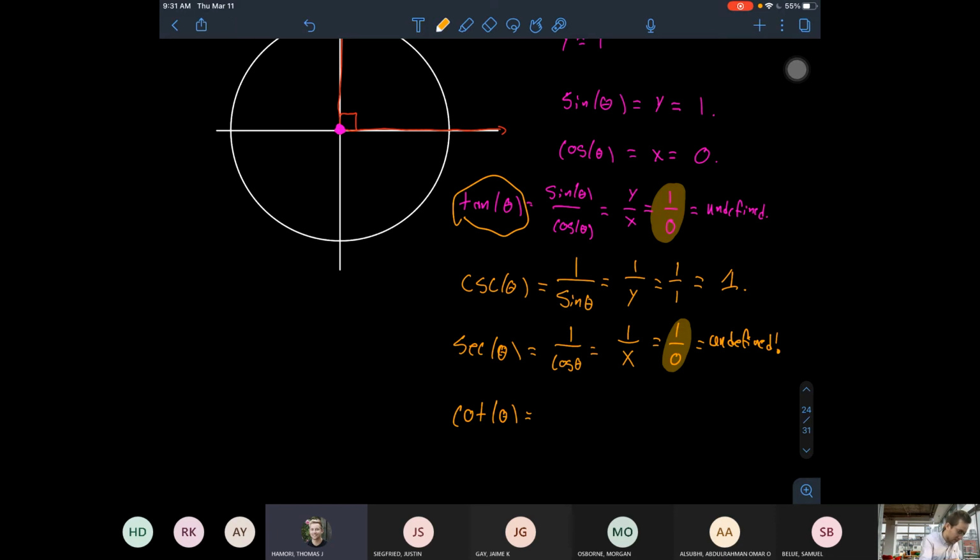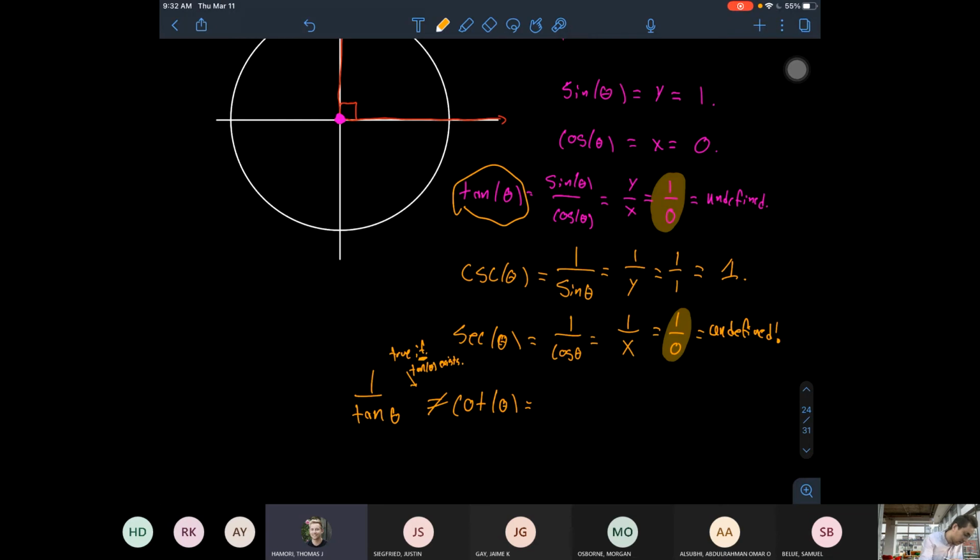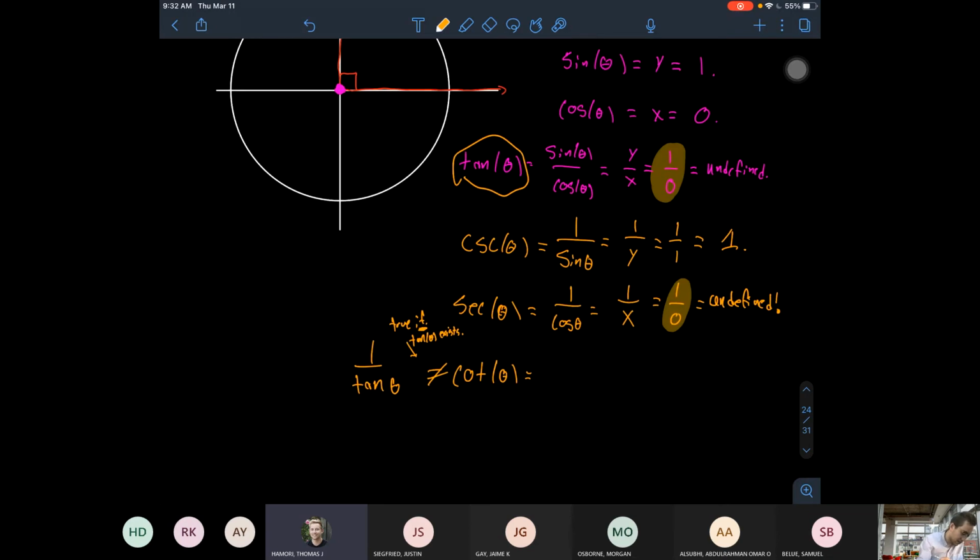We can do cotangent of theta because I didn't define cotangent of theta to be 1 over tan theta. Okay? I did not say that cotangent of theta is just 1 over tan theta. This will be true if, big if, tangent of theta exists. But in our case, tangent of theta doesn't exist.